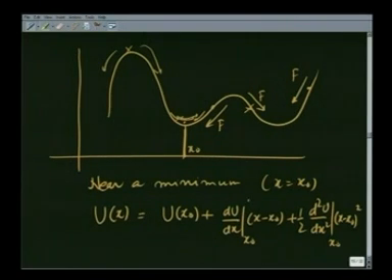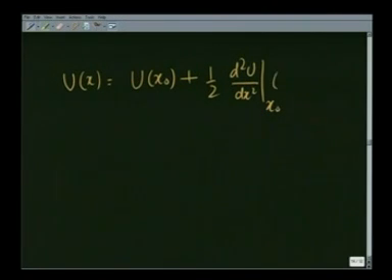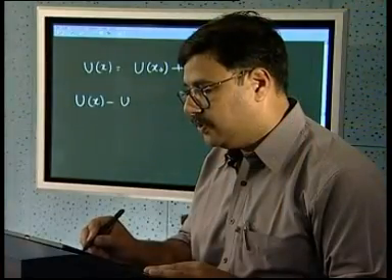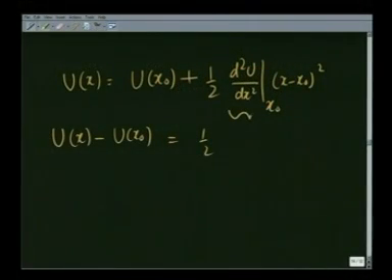Since this is a minimum, du dx at this point vanishes, and therefore, I have u x equal to u x 0 plus 1/2 d2u dx square at x 0 times x minus x 0 square, and therefore, the difference in the potential energy u x minus u x 0 is equal to 1 half, this being a minimum, a positive quantity.